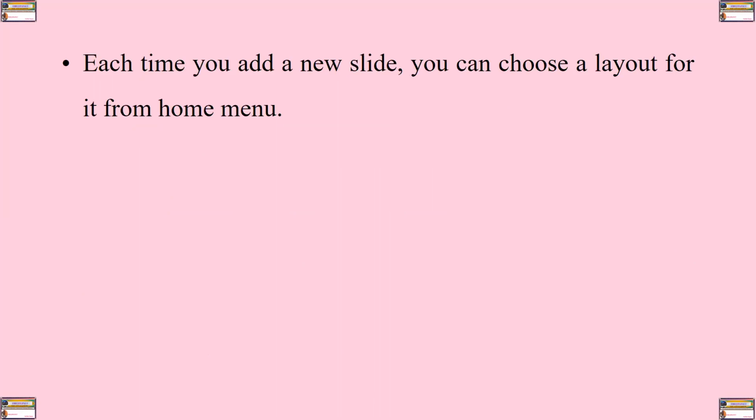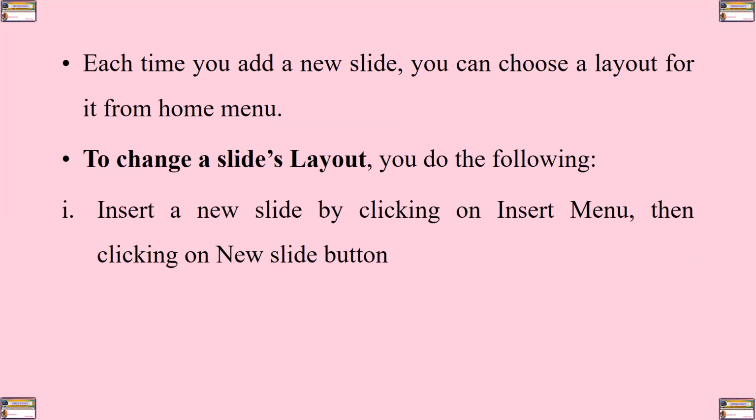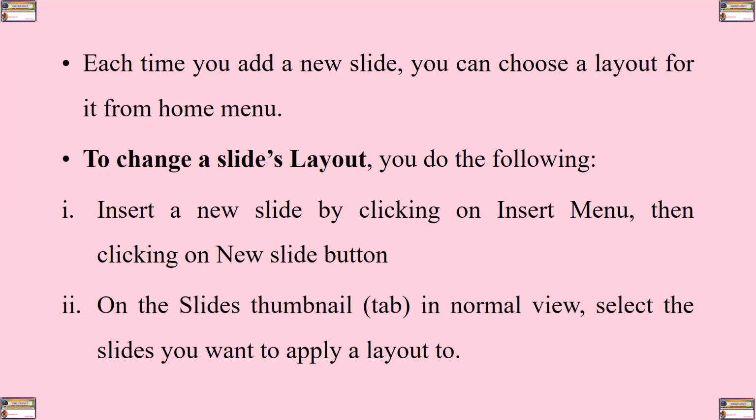Each time you add a new slide, you can choose a layout for it from the Home menu. To change a slide's layout, you do the following. 1. Insert a new slide by clicking on the Insert menu, then clicking on the New Slide button. 2.